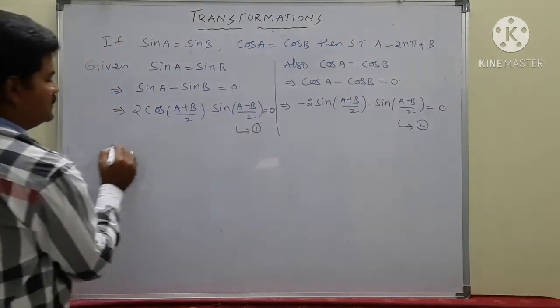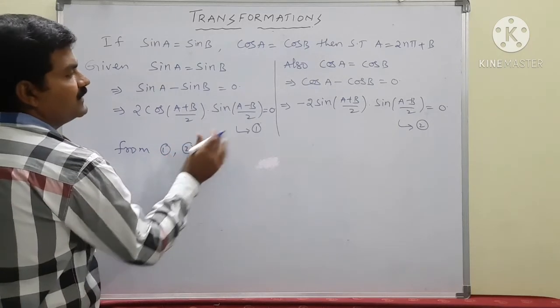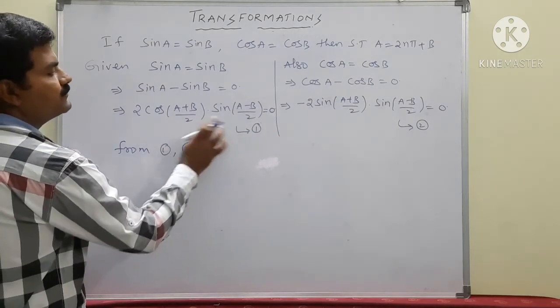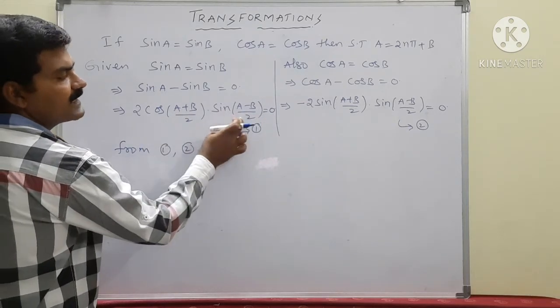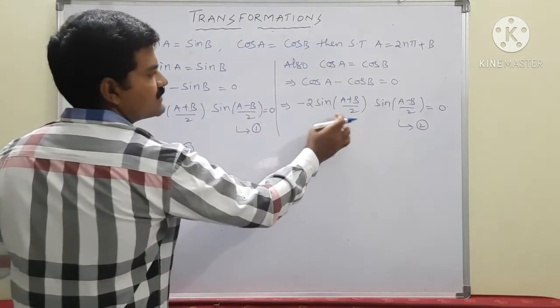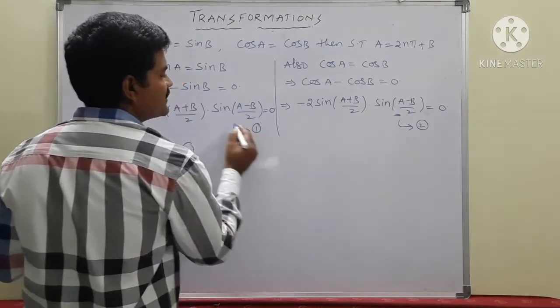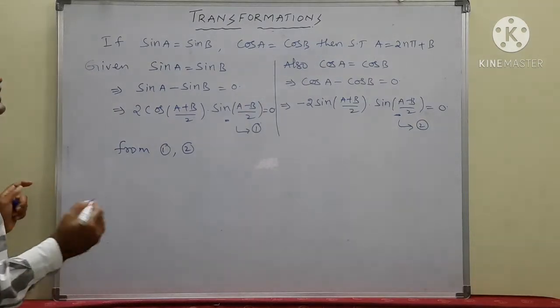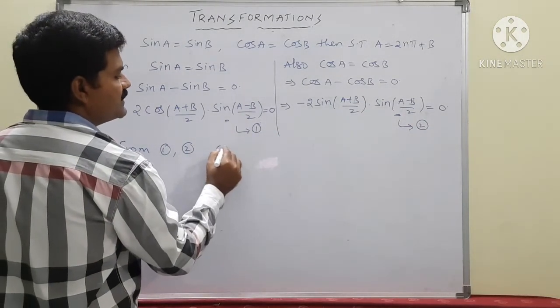This is 0. So now from equation 1 and equation 2, when the product of two functions is 0, that means either the first function is 0 or the second one is 0. Similarly, here also, but in both there is a term sin of (A minus B)/2.